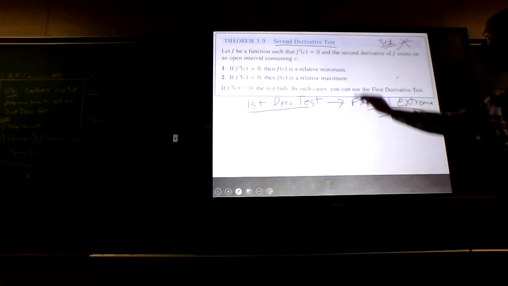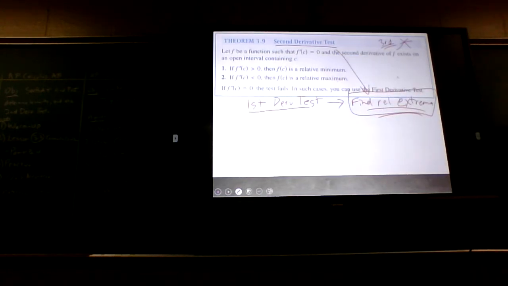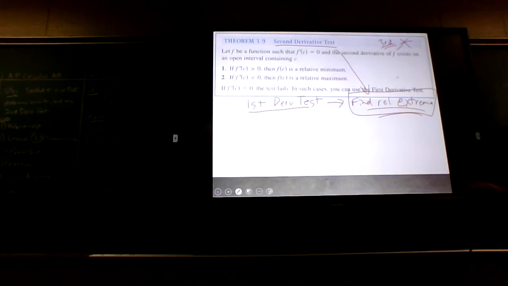No. We use it to find relative extrema, okay? We're going to use concavity to do that, but that's not the purpose of the test. And the reason I'm saying that is I want you to sound like you know what you're talking about when you say I'm using the second derivative test. Do we use the second derivative to find concavity? Yes. Do we use the second derivative test to find concavity? No. We use the second derivative test to find extrema.